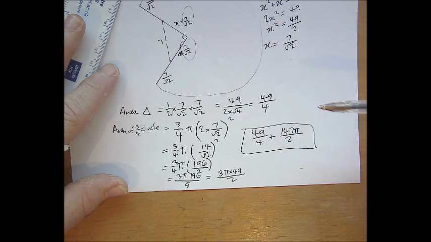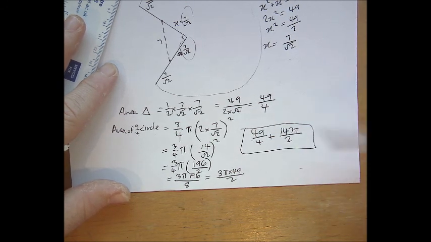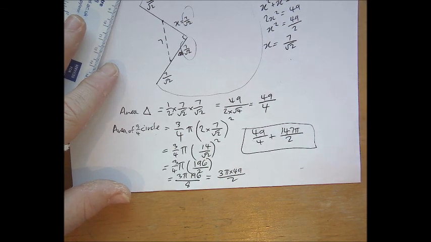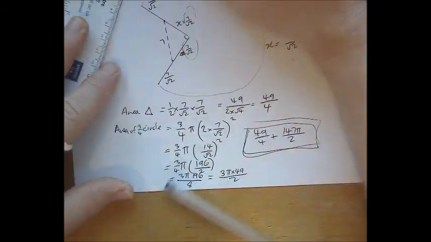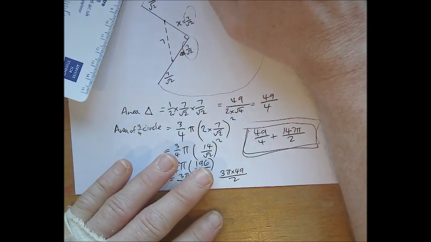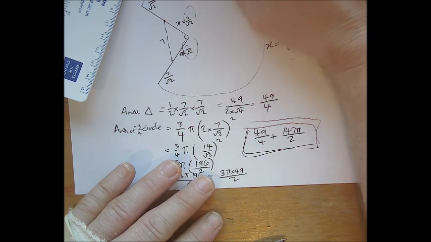So 1.5 times 147 is about 220. So it's 220 plus 12. So the answer should be about in the mid 200s. So there we go, that's the answer. Okay, I think that means the answer on the sheet was wrong. Yeah, the answer on the sheet's far too small. Sorry about that.